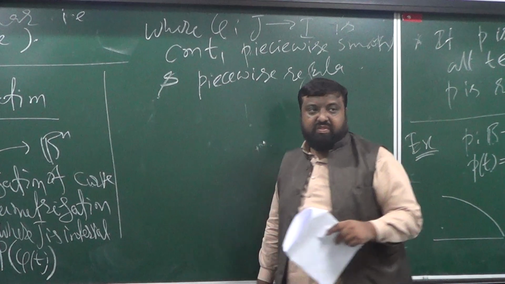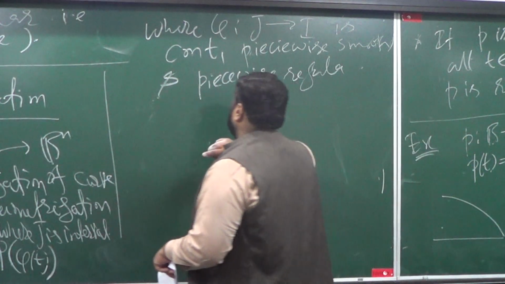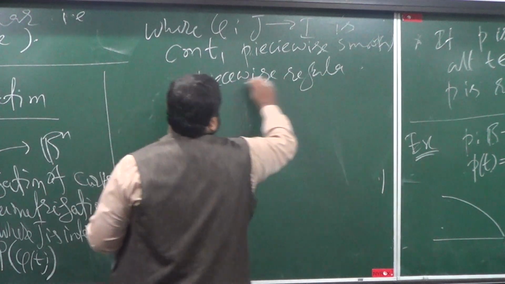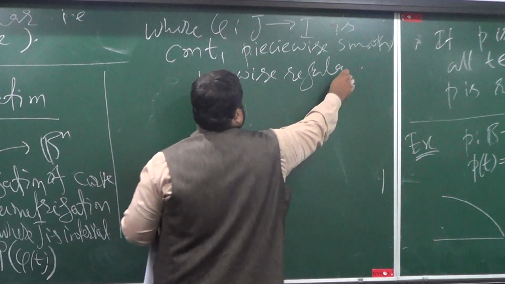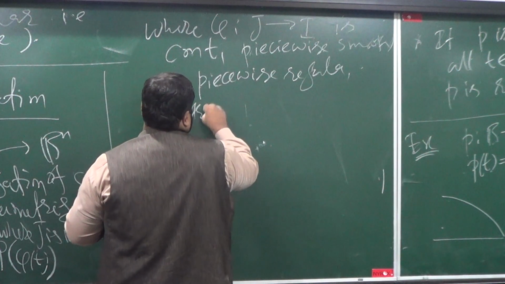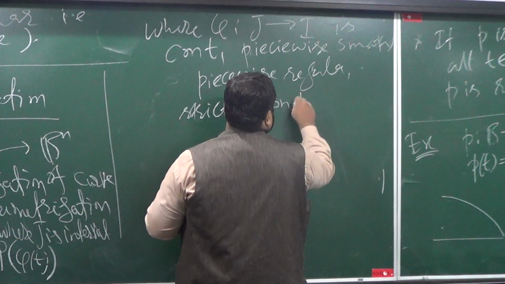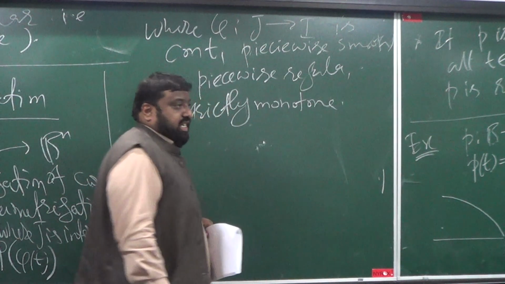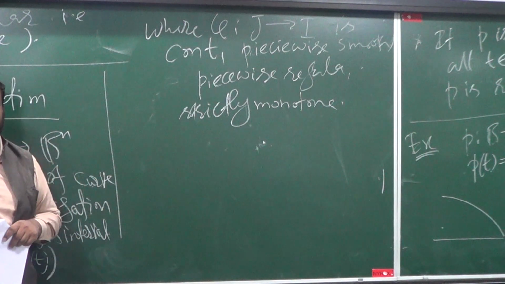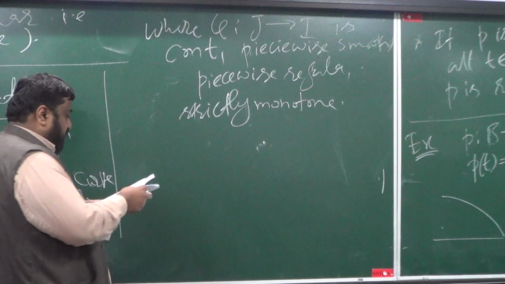So if you have such a phi, it must satisfy another property. It must be smooth, piecewise regular, and strictly monotonic. Do we understand what we mean by monotonicity? It must be a kind of function that is either always increasing or always decreasing.